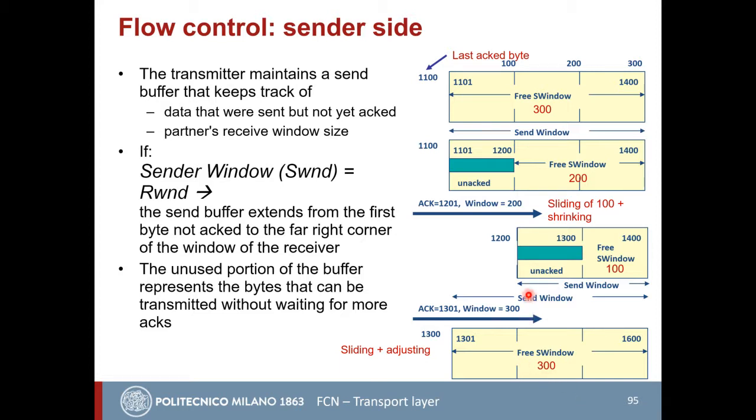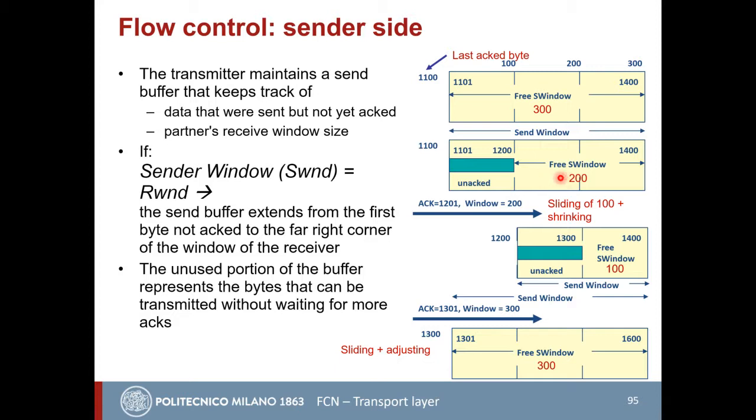So notice that the size of the send window corresponds to the yellow box. This arrow inside shows you the free portion of the send window, but it's not the send window. Okay, it's only the free portion of the send window.